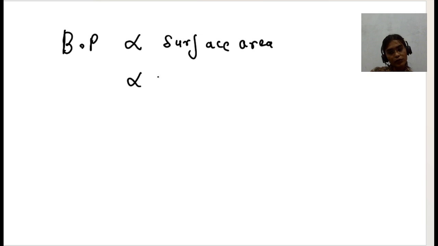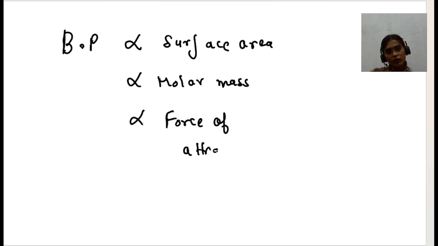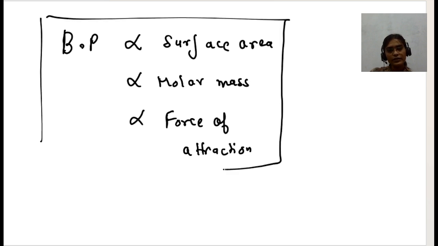It is directly proportional to the molar mass too. Obviously, higher the molar mass, higher the boiling point. And of course the van der Waals forces of attraction as well. Here we're dealing with van der Waals forces. Stronger the forces, higher the boiling point. So all these things decide the boiling point. Okay, that's it. This is very simple.